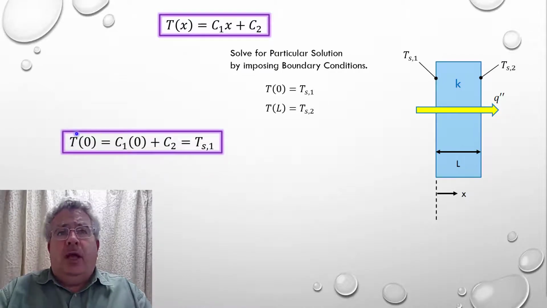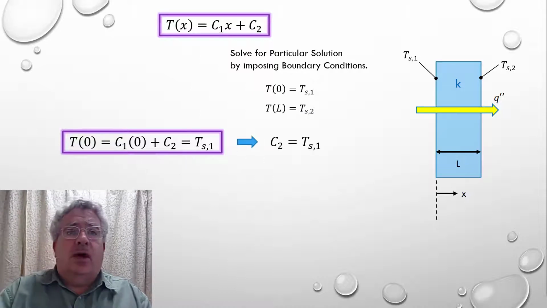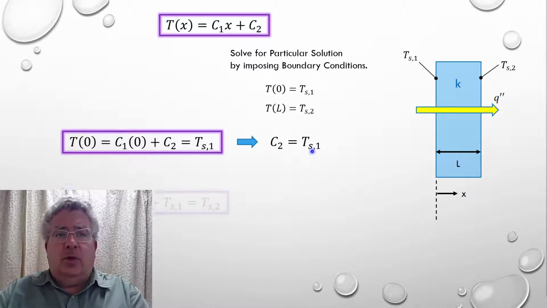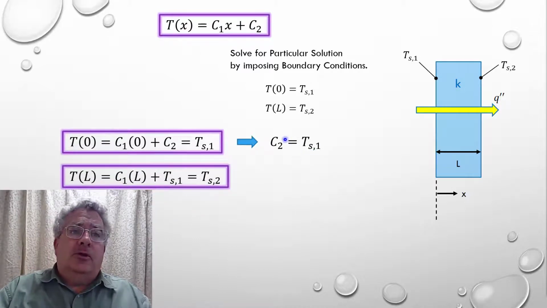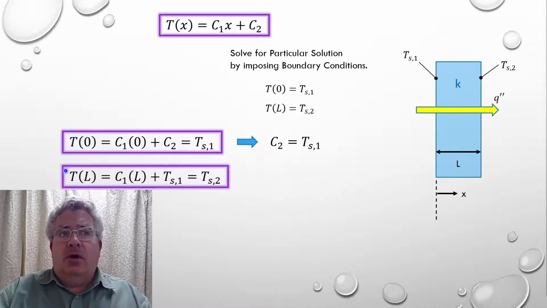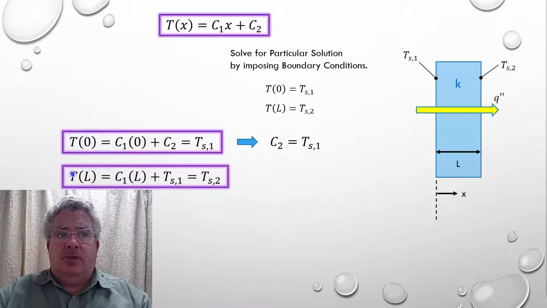If we evaluate our general solution at x equaling 0 and let it equal Ts1, we find that the value for C2 equals Ts1. Now we put C2 back into our equation and solve at the other boundary condition, T at x equaling L equals Ts2.